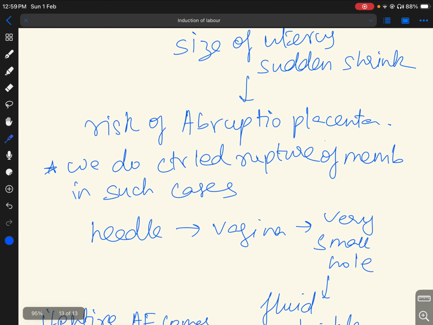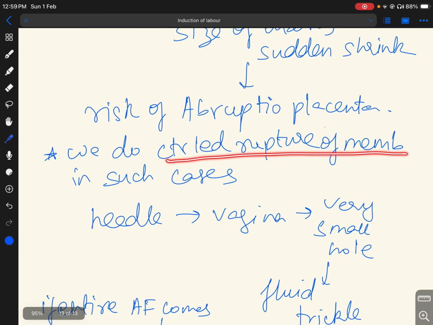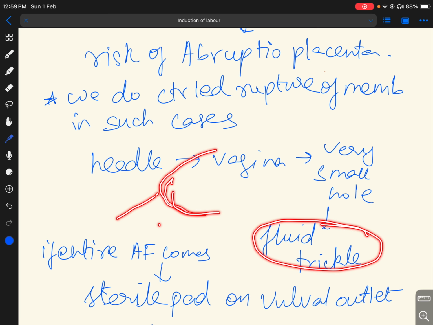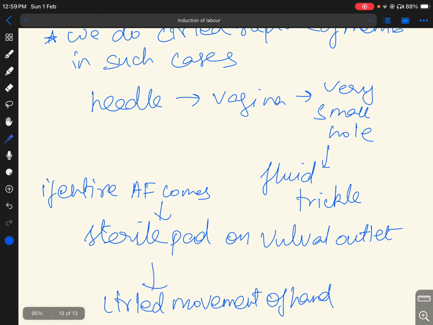So what we do? We do controlled rupture of membrane in such cases. You have to introduce the needle into the vagina and you have to make a very small hole so that fluid will be trickling. But the membranes will be tensed usually.